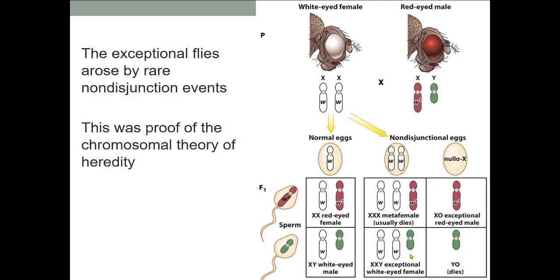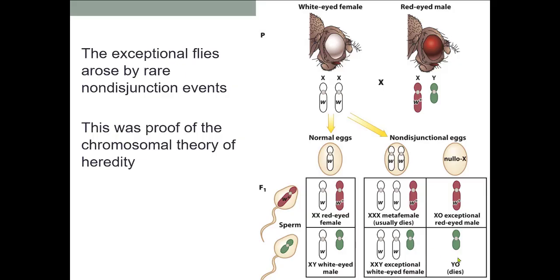So fruit flies are female if they have 2 X chromosomes, but they're male if they have only 1. So it's not the presence of the Y chromosome that causes it to be male like it is in humans. It's the ratio of X chromosomes to autosomes. So here, these 2 X chromosomes would make it a female fly, but she would be white-eyed. She'd also have this little Y chromosome with whatever it encodes.